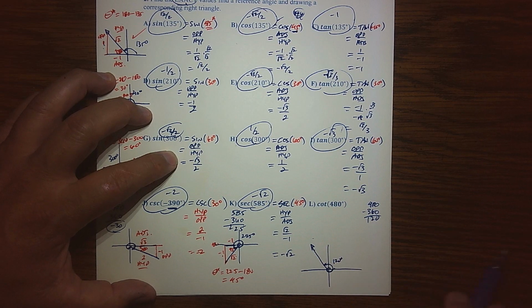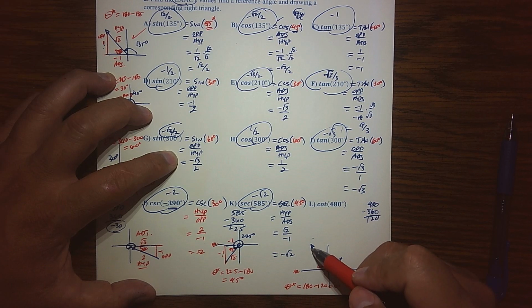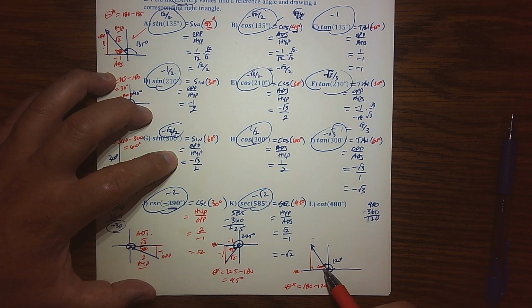Now, how do you find that reference angle? Either you realize I've already gone 120, this is 180, so it's got to be 60, or the formula would be 180 minus 120, which gives you 60. For the representative right triangle, this would be the 30 and that's 60, so that one would be -1, because we're on the negative x-axis.